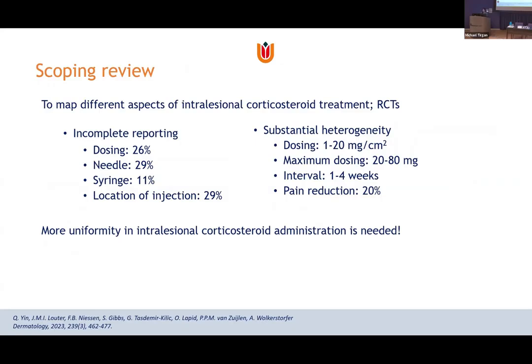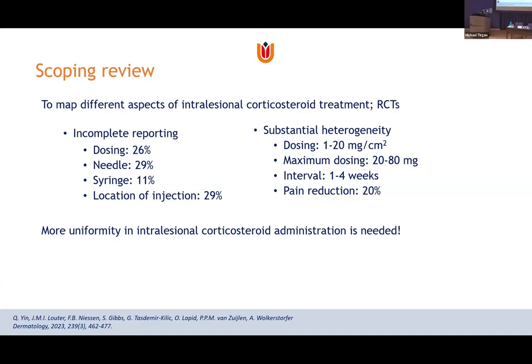Here we included RCTs only because of the strongest evidence of those studies.